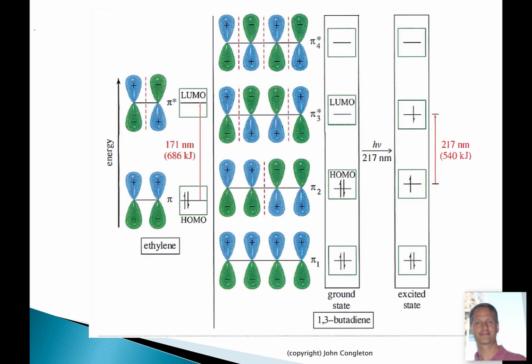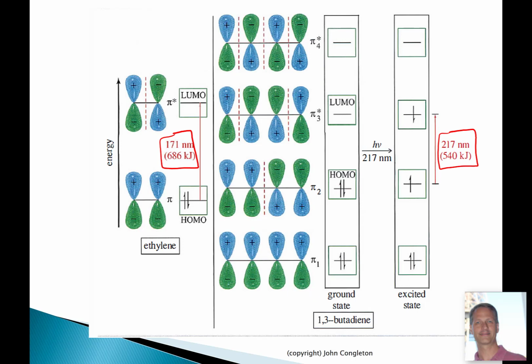We can see that same principle as we saw on the previous page with this diagram also. So here's your ethylene, your delta E. If you put two ethylenes together and get 1,3-butadiene, then your delta E just gets a little bit smaller, so that's going to give you a larger wavelength as compared to this number down here.